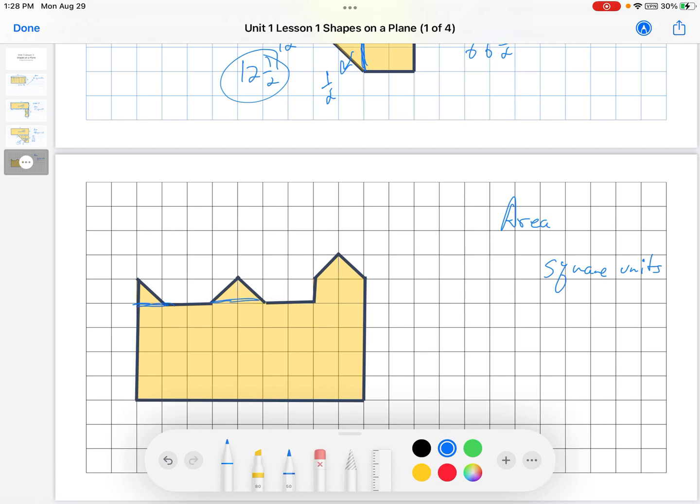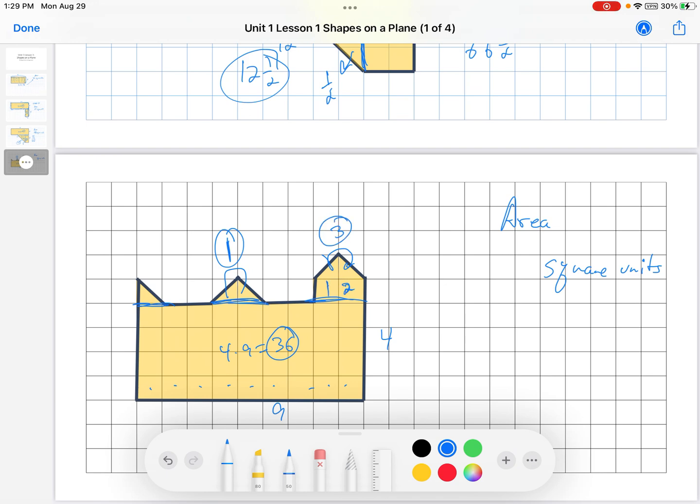So I'm going to draw my little lines here, making this rectangle, which is 4 and 9, and 4 times 9 is 36. And then these two half squares make one whole square. And then I have one here, and these two make one square, so that makes 3 for this.